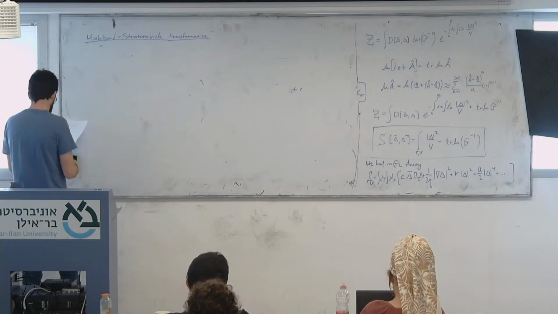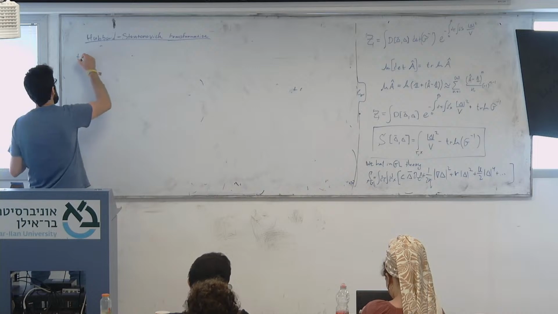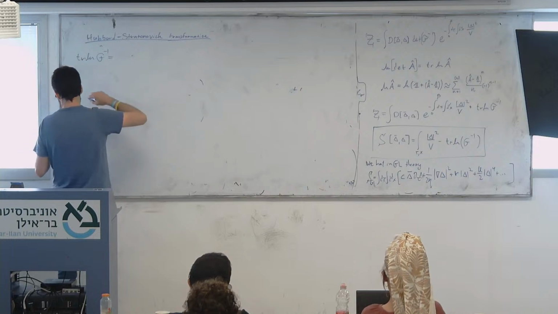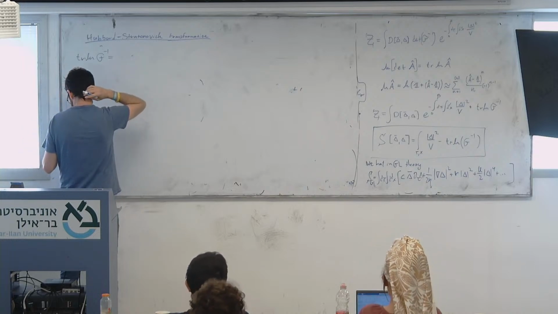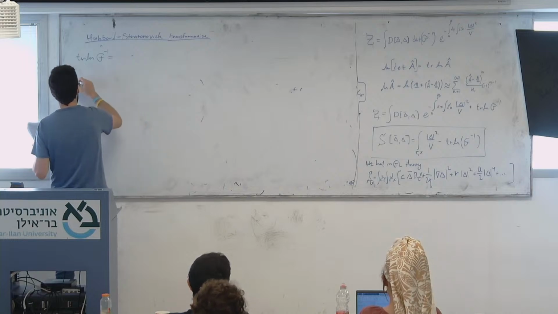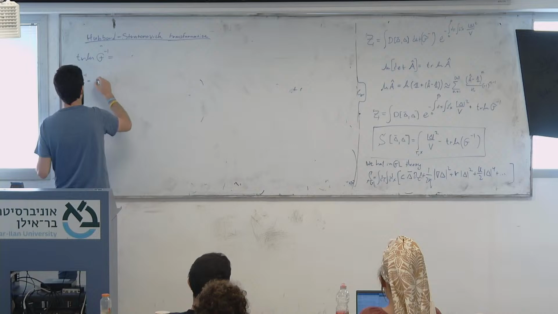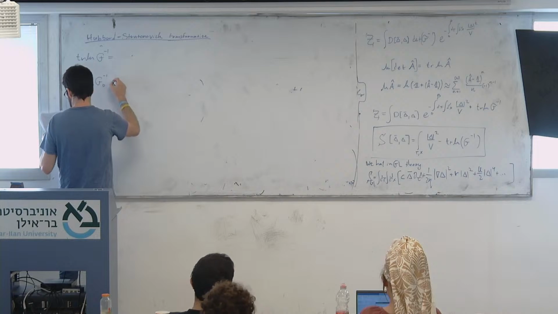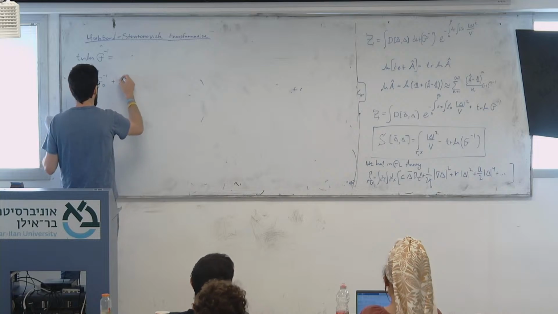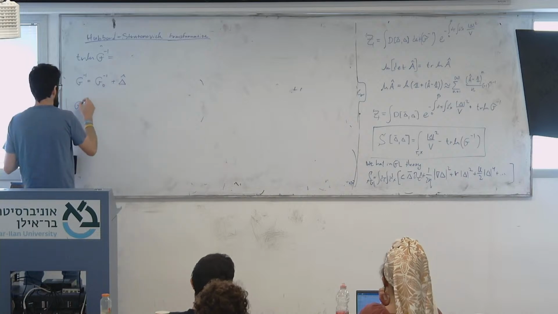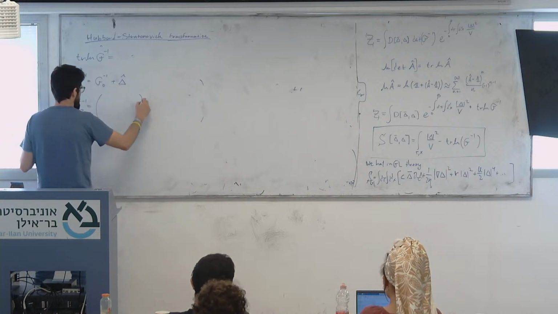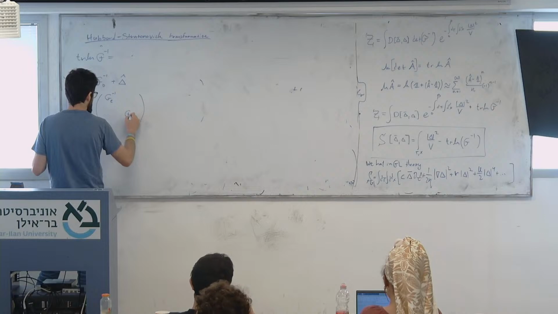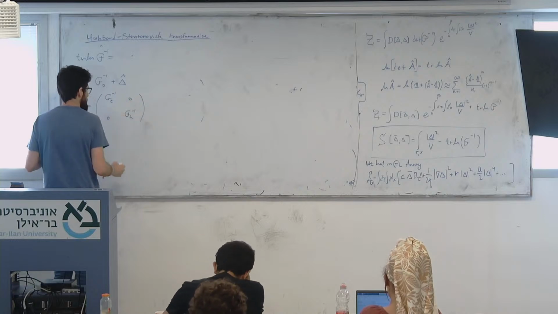To derive the Ginzburg-Landau theory, I'm going to write this trace ln of G to the minus 1. Let me first write that G to the minus 1 is G naught to the minus 1 plus delta, where G naught to the minus 1 is G electron to the minus 1, G hole to the minus 1, 0 and 0.